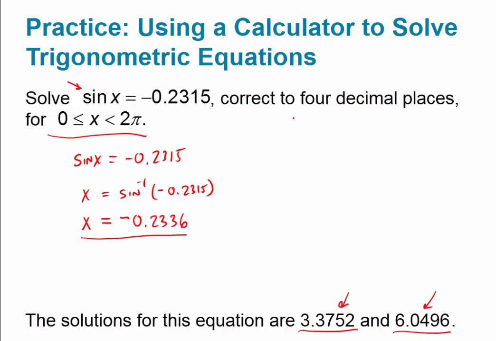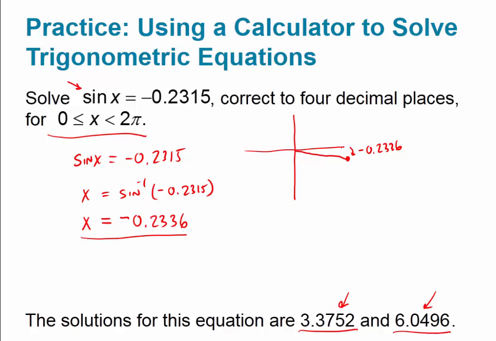So we're going to have to go to our unit circle to figure out how to get these positive solutions. Notice we're at a negative value here, and it's a value that's pretty close to 0. So we're going to be right here somewhere. So here's our value, let's say, traveling down this way, an angle of -0.2336. I want to find that spot, but in a positive motion.